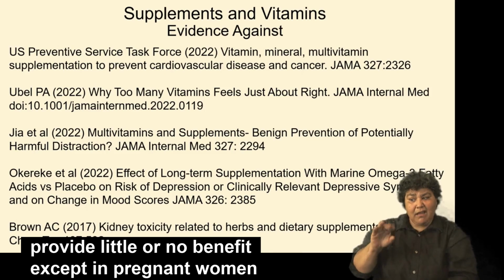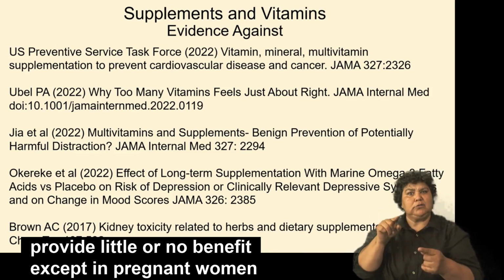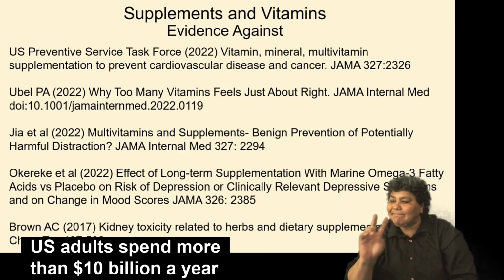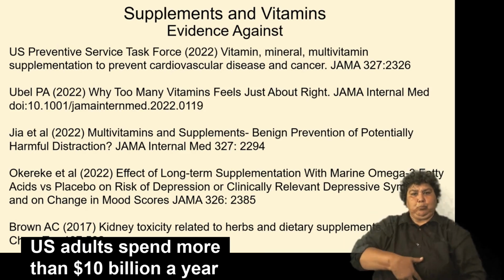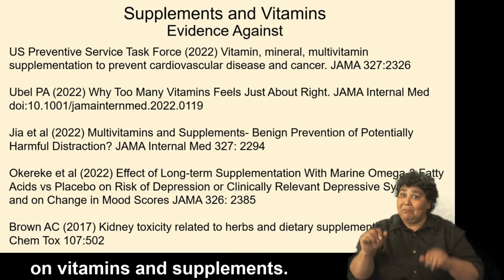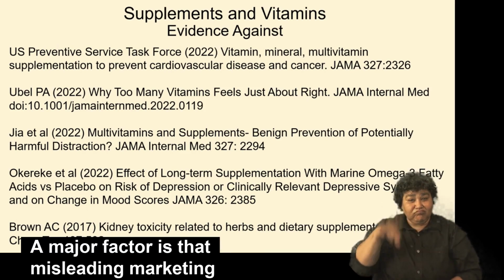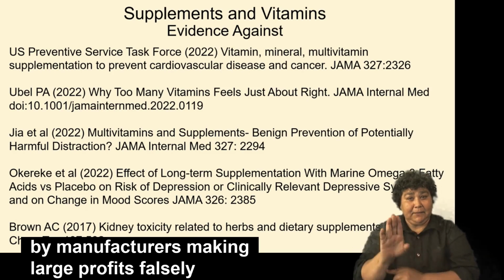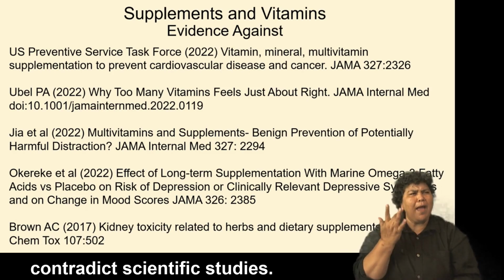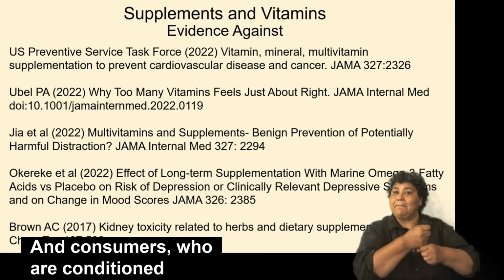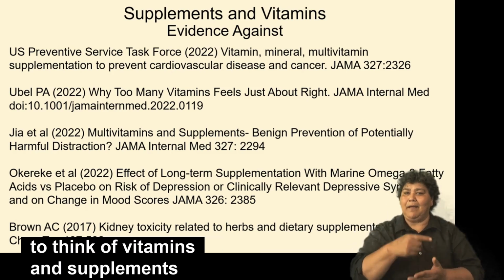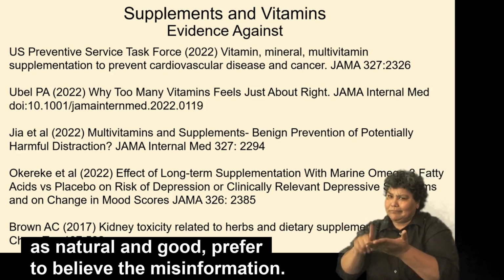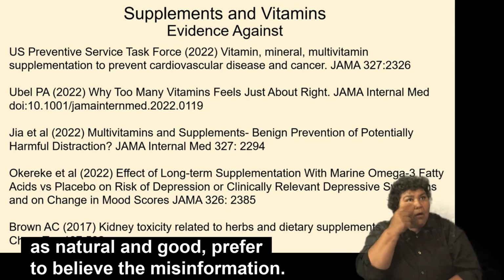Despite overwhelming evidence that supplements and vitamins provide little or no benefit except in pregnant women, and can be harmful in some individuals, U.S. adults spend more than $10 billion a year on vitamins and supplements. A major factor is that misleading marketing by manufacturers making large profits falsely contradicts scientific studies, and consumers, who are conditioned to think of vitamins and supplements as natural and good, prefer to believe the misinformation.